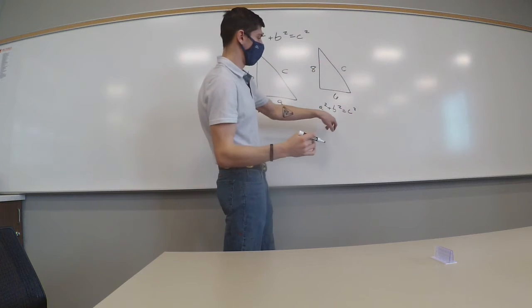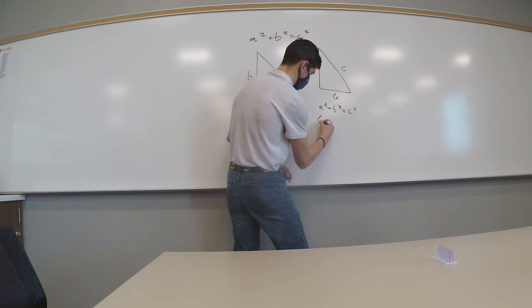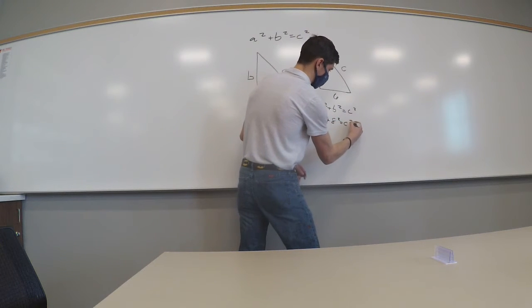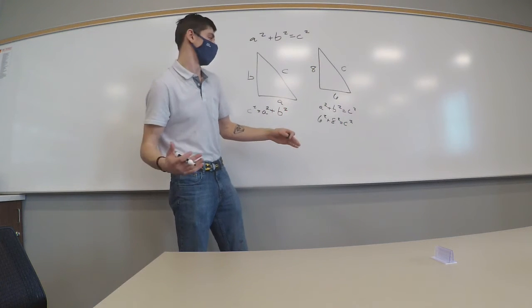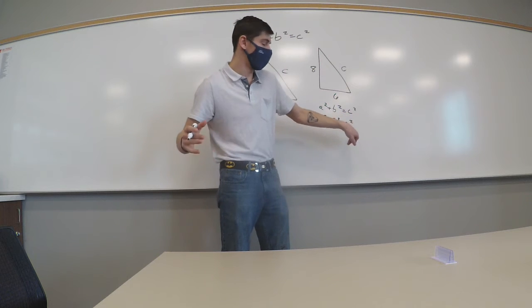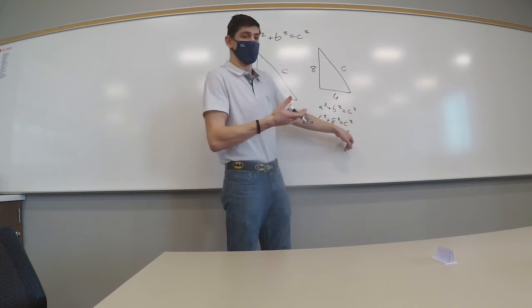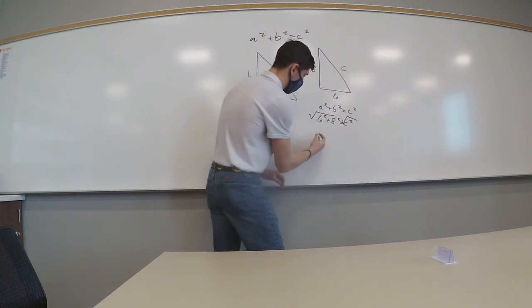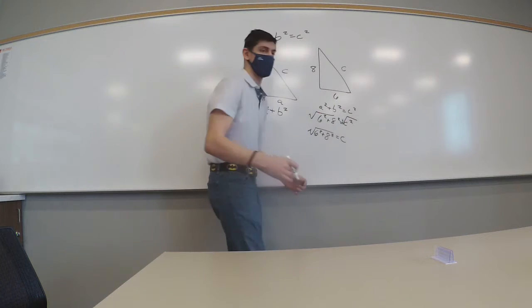But we know that A and B are our side lengths, so we can replace those with 6 squared plus 8 squared equals C squared. To solve for C, we need to take the square root of both sides. If you take the square root of a number that is squared, you get back the original number, or in this case, C. So we'll take the square root of both sides. We end up with the square root of 6 squared plus 8 squared equals C.